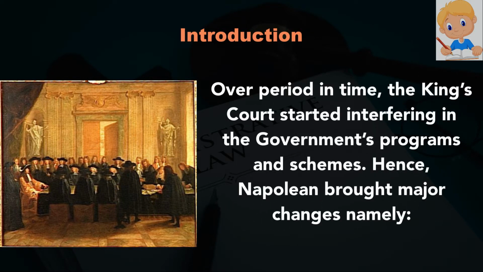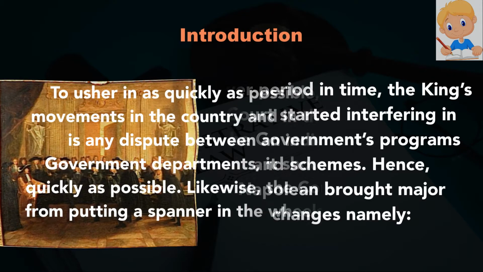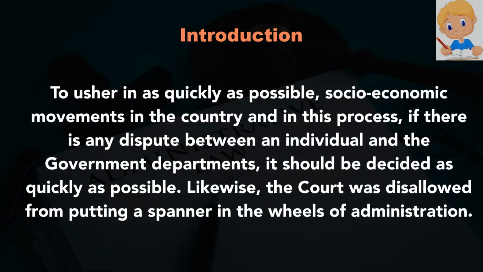Over a period of time, the King's Court started interfering in the government's programs and schemes. Hence, Napoleon brought major changes, namely to usher in as quickly as possible socio-economic movements in the country.